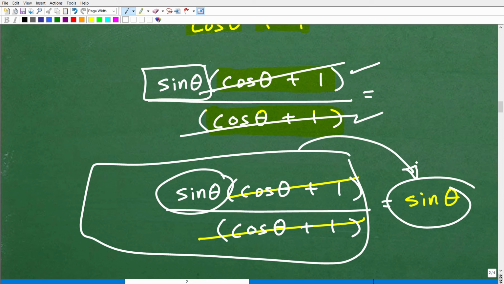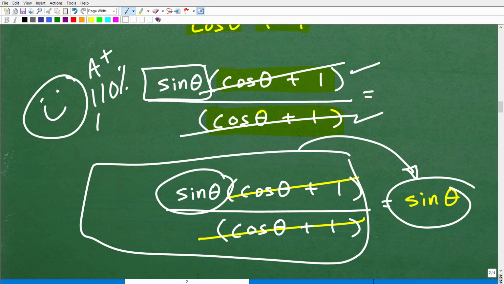All right, so how did you do? If you were able to do this problem, I must give you a nice little happy face, an A plus. I'm going to give you 110% and a few stars to make you feel extra special. But I would say, in terms of trigonometric identities, this problem is like a medium level. So it's kind of like hot sauce, right?